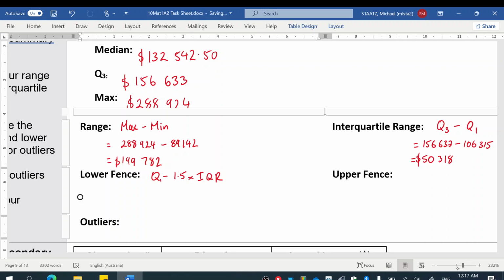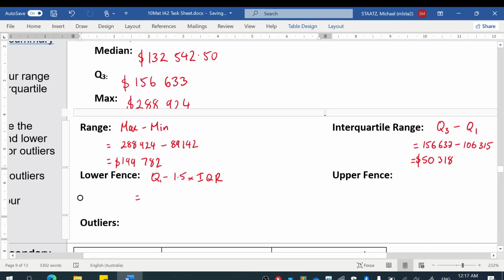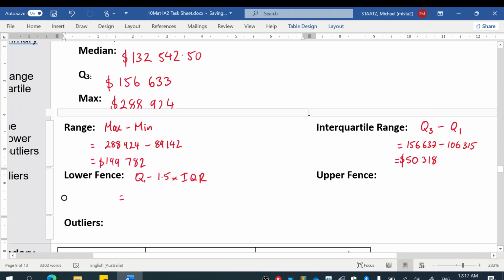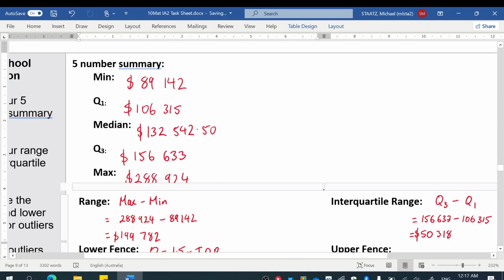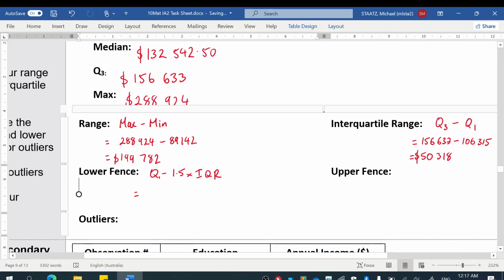So for this example, Q1 is 106,315 minus 1.5 times the interquartile range, which we've worked out is 50,318.